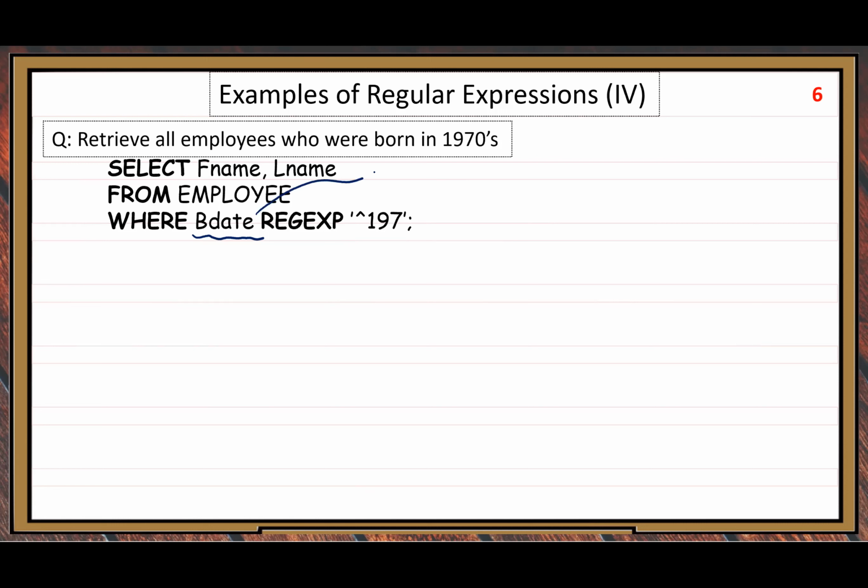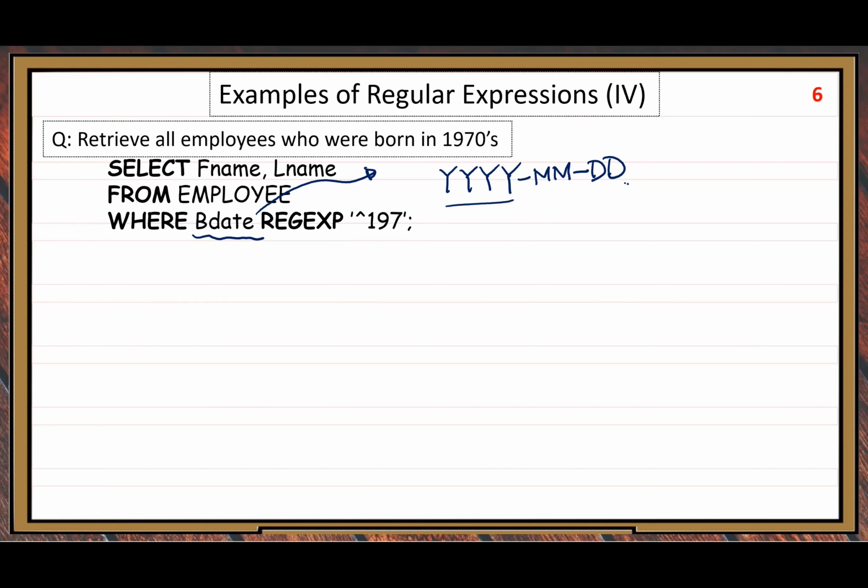We know it's the standard SQL format: 4 digits for the year part, then a dash, 2 digits for the month part, then a dash, then DD. That is the standard date format in SQL.